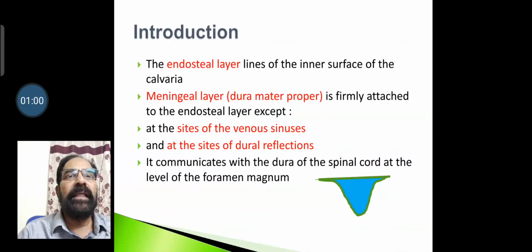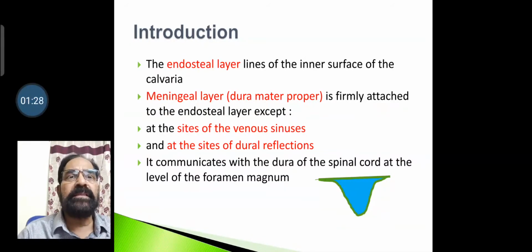The endosteal layer lines inner surface of calvaria. Meningeal layer or the dura mater proper is firmly attached to the endosteal layer except at the sites where it forms venous sinuses and at the sites of dural reflection.